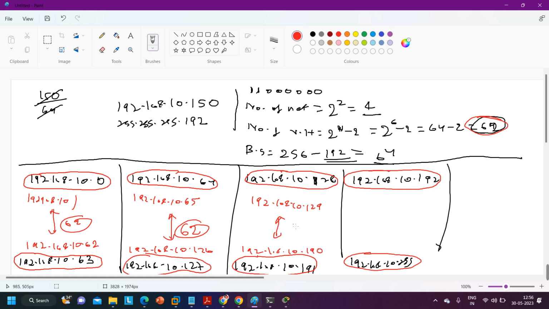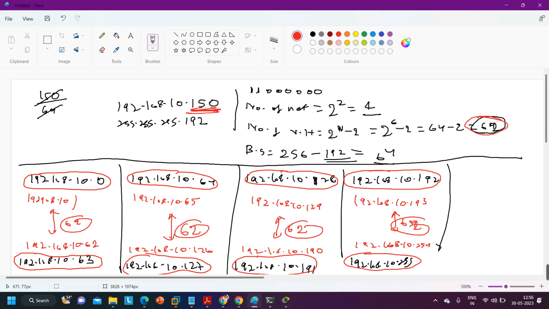Here also we have 62 valid IP addresses. First IP address 192.168.10.193 and last valid IP address 192.168.10.254. Here also we have 62 IP addresses.